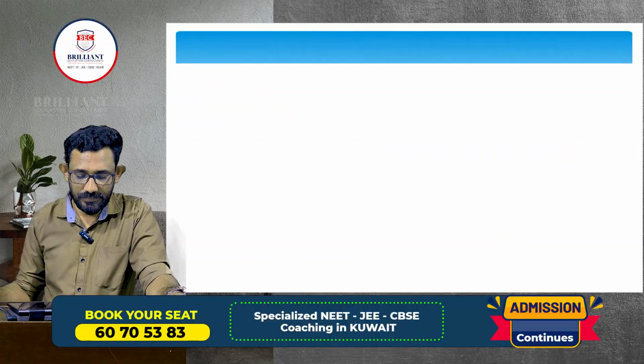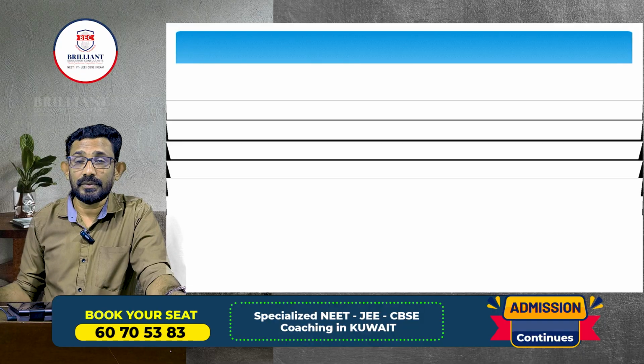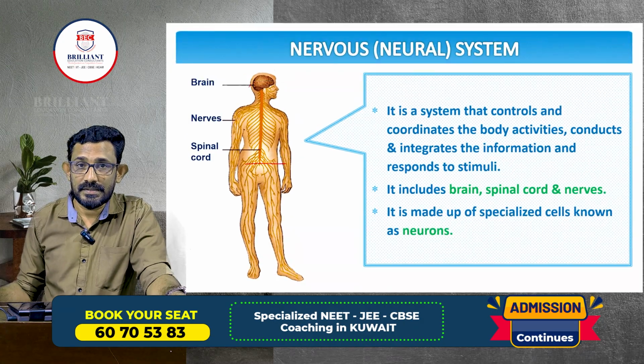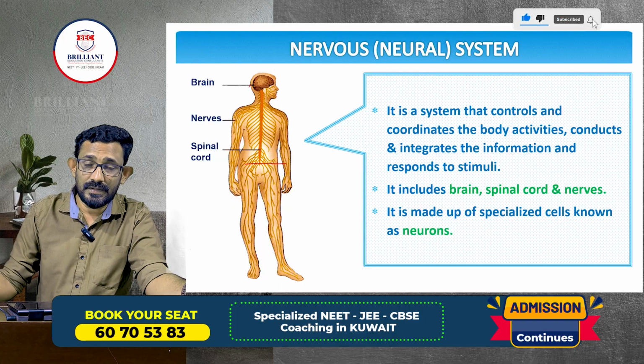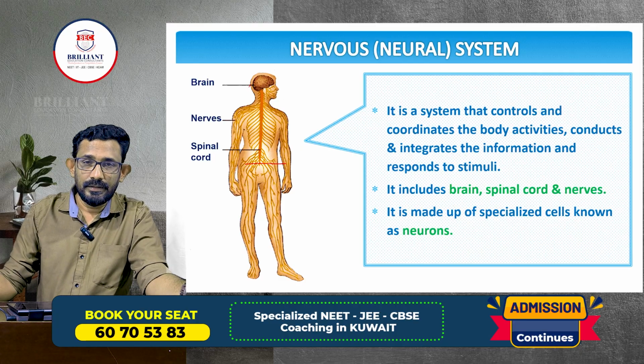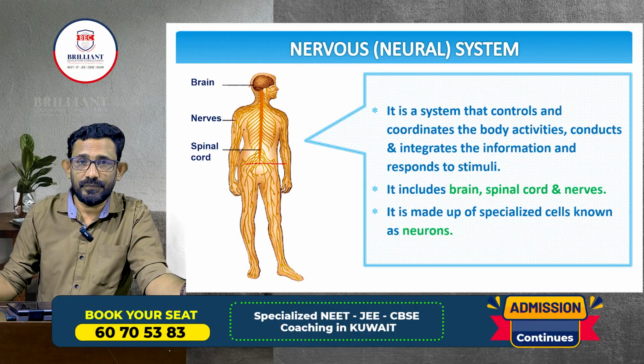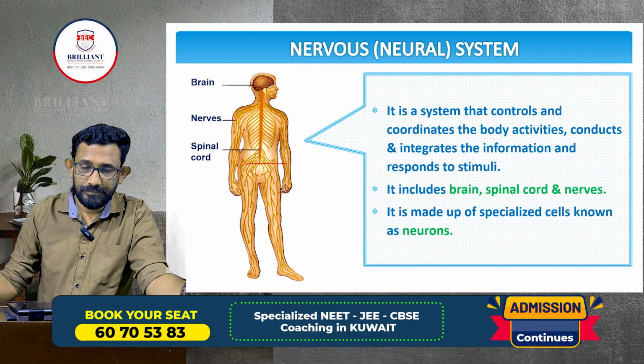Today we will discuss a chapter, Neural Control and Coordination from Class 11. In this chapter, we are discussing about nervous system or neural system. Neural system is classified into two, central nervous system and peripheral nervous system.